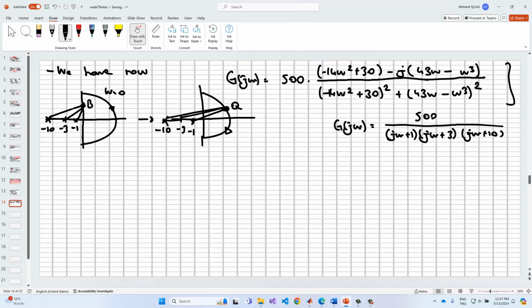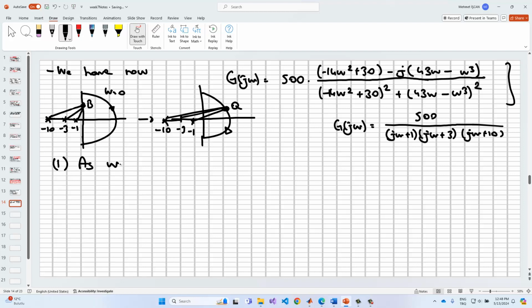But how can we calculate this formation here? Based on the different frequency responses, we need to check when the frequency is equal to 0, and we also need to check when the frequency is infinity. We can decide whether our system is stable or not by testing the different frequencies. Our calculation is simple.